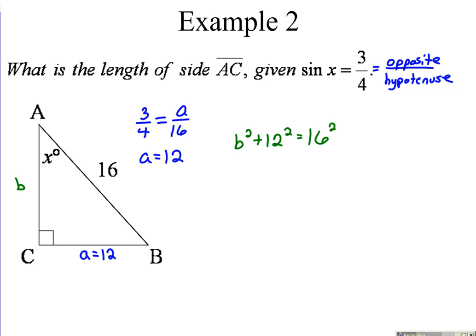Use your calculator. B squared plus 144 equals 256. Subtract the 144 over. B squared equals 112. Plug that into your calculator, take the square root, and you get approximately 10.58.